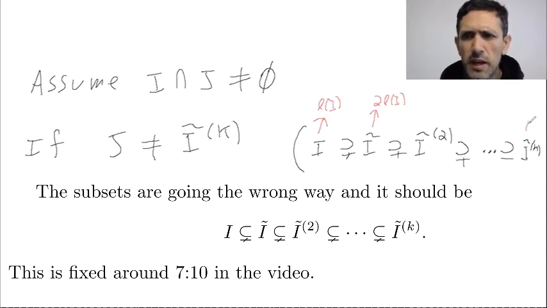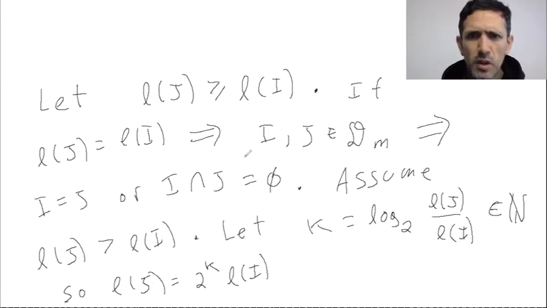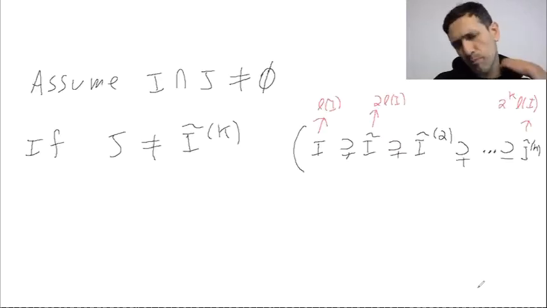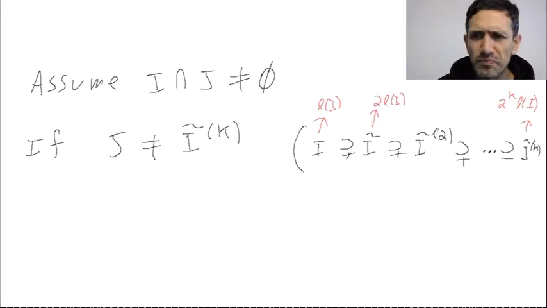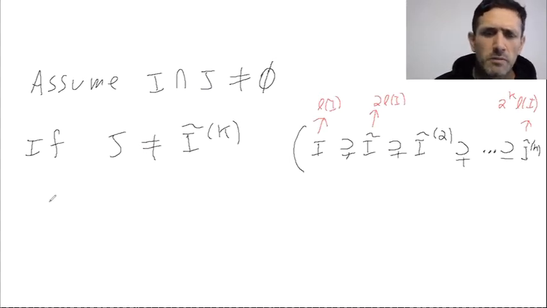And so this has length 2 to the k times the length of I. And lo and behold, that's the length of J. Okay? So all I'm doing now is assuming, and this is kind of what I meant by really do this whole problem in one bang. Of course, the length of I tilde 2 is 4 times the length of I, but anyway. And this is I tilde of k.